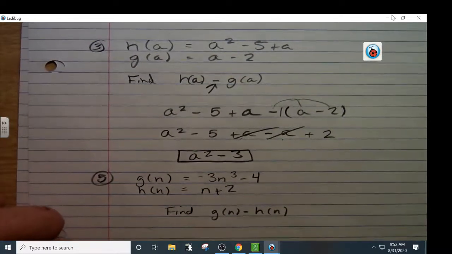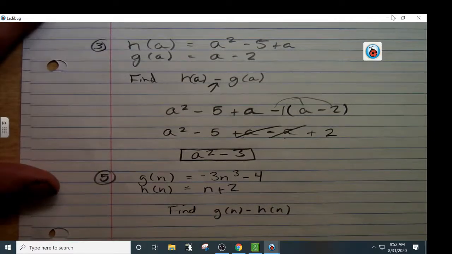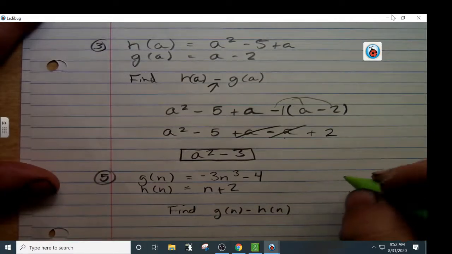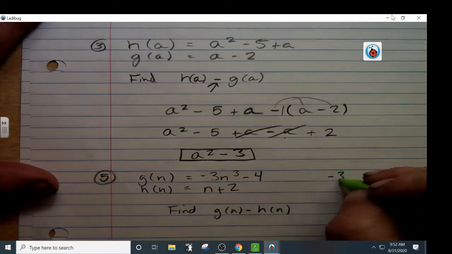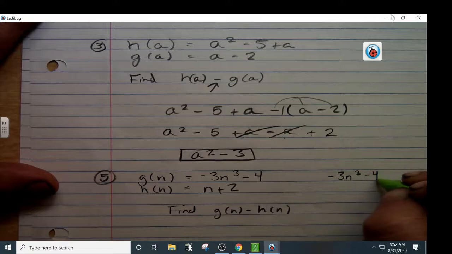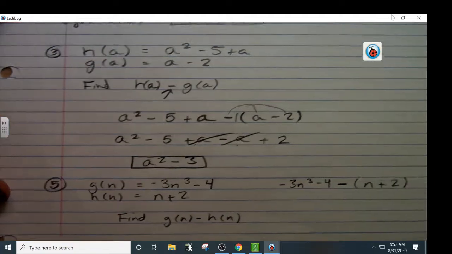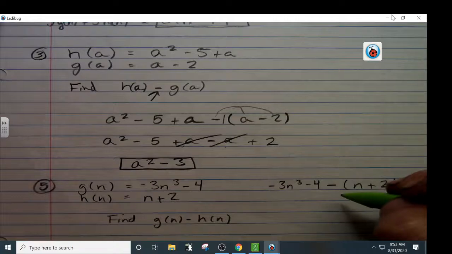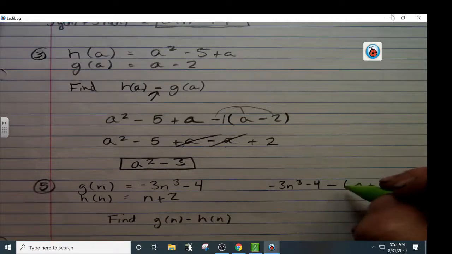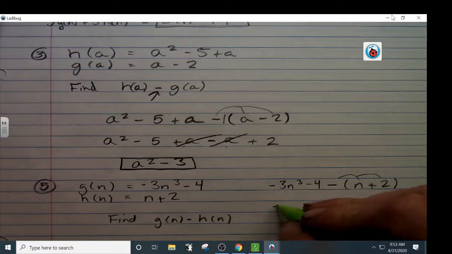All right, guys. So let's look at this one. It's g of n minus h of n. So it's going to be -3n cubed minus 4 minus h of n, which is n plus 2. Now the main thing is, guys, remember if you minus it, distribute that negative. If I distribute that negative, that just changes your signs.